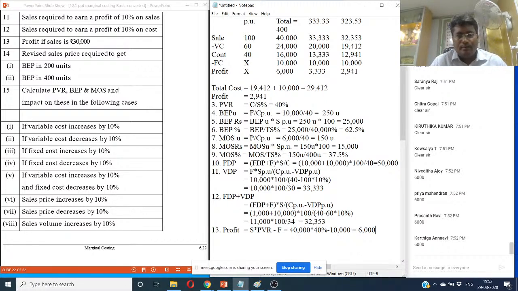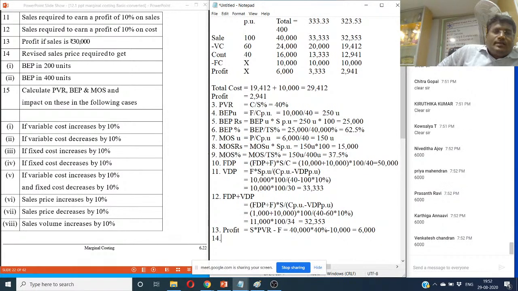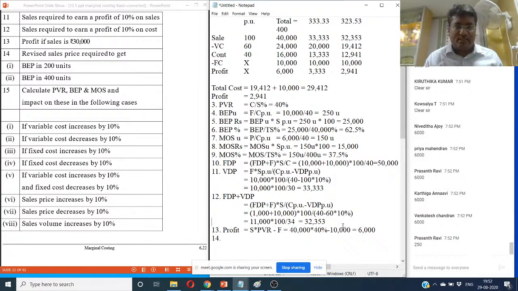Shall we go for the 14th one? Revised sales price required to get BEP. What is the current BEP in units? Come on. The current BEP in units is 250.